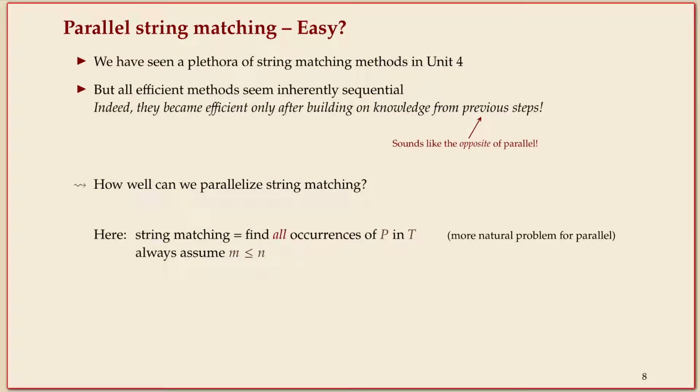So it's an interesting case. We've seen a lot of algorithms. In a way, all the algorithms for string matching that were particularly good according to the metric of Unit 4 were exactly the ones that exploited maximally the knowledge from the previous step. Remember, we counted character comparisons, and we tried to not do redundant comparisons.